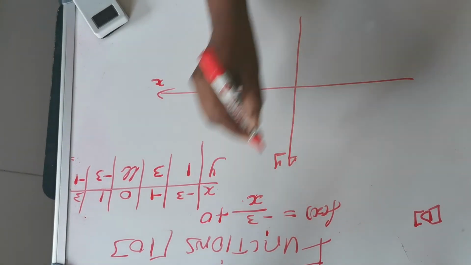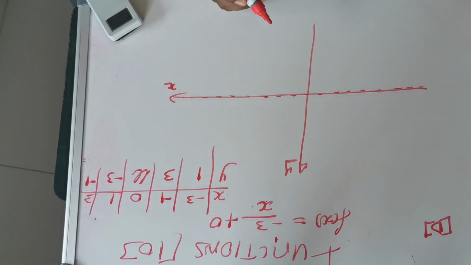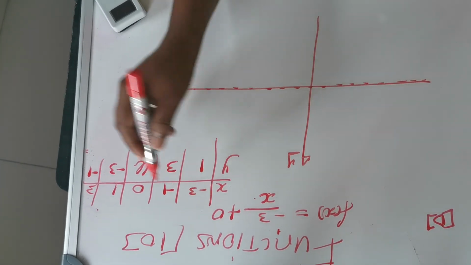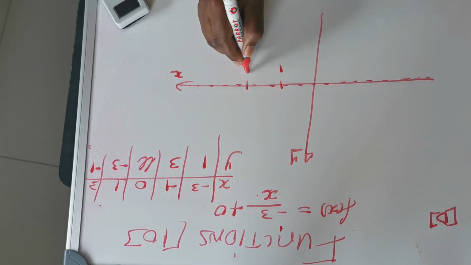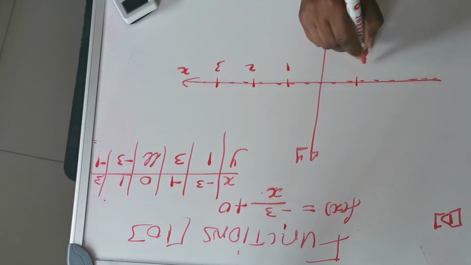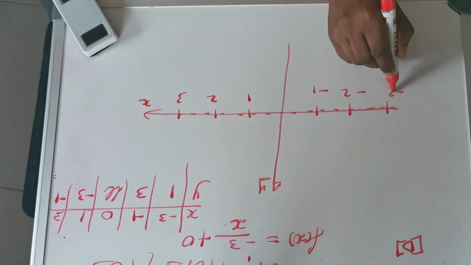Obviously this is 0, which means this is our asymptote. Now we have negative 3 to 3, which means this is 1, 2, this is 3, negative 1, negative 2, negative 3.